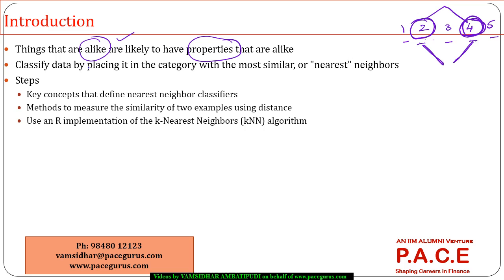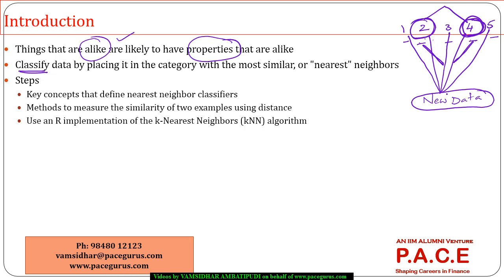So when we are talking about classification in this algorithm, if I have a new data point, I will try to see which one is the closest to this new data out of these existing data, right?